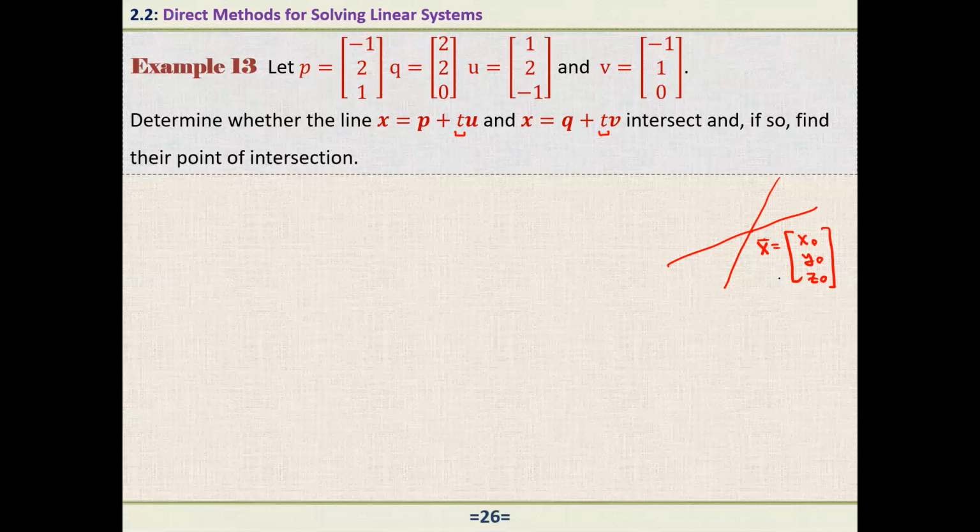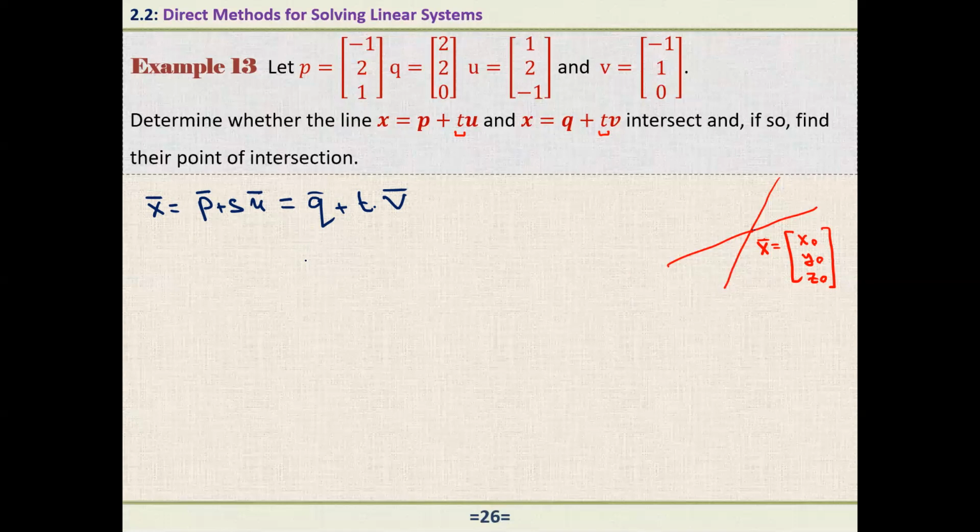So since this point belongs to both lines, we will have that the point will be equal to p plus s times u, for the first line, I mean, let's just use s as the parameter. And these are vectors, as you know. And here we have q plus t times v, right? What is x? x is this intersection point.